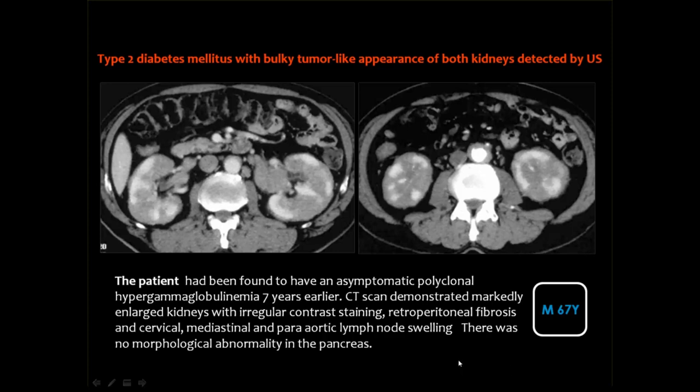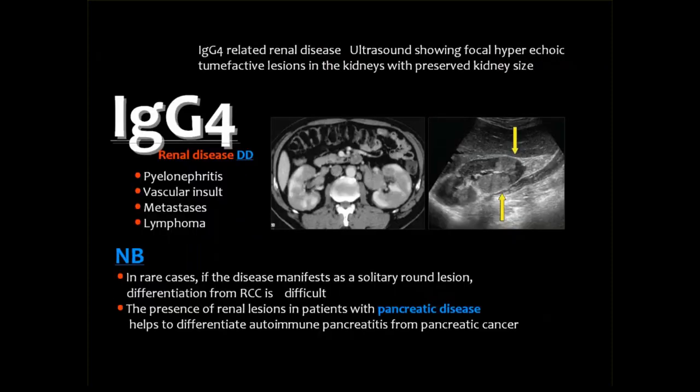But sometimes it is difficult, and we may have tissue biopsy to confirm the diagnosis. And this is the appearance of IgG4 related disease, which may simulate lymphoma or may simulate renal deposits, may simulate renal infarctions, for example, or may simulate the striated form of acute pyelonephritis.